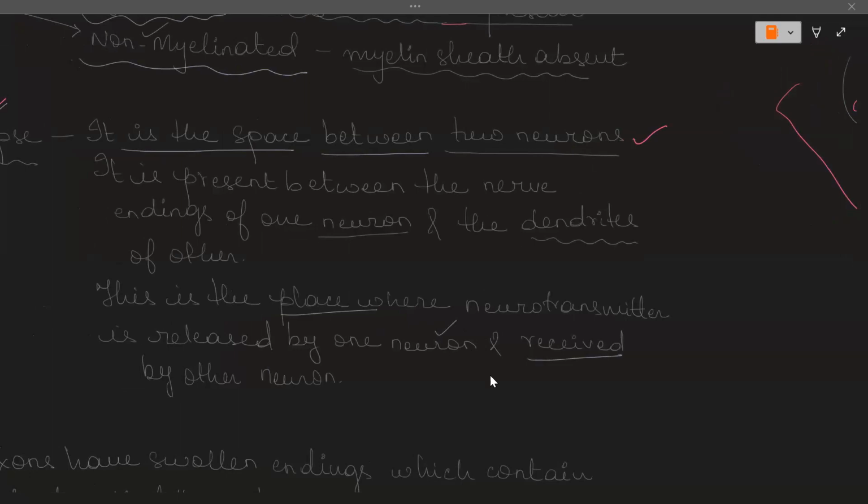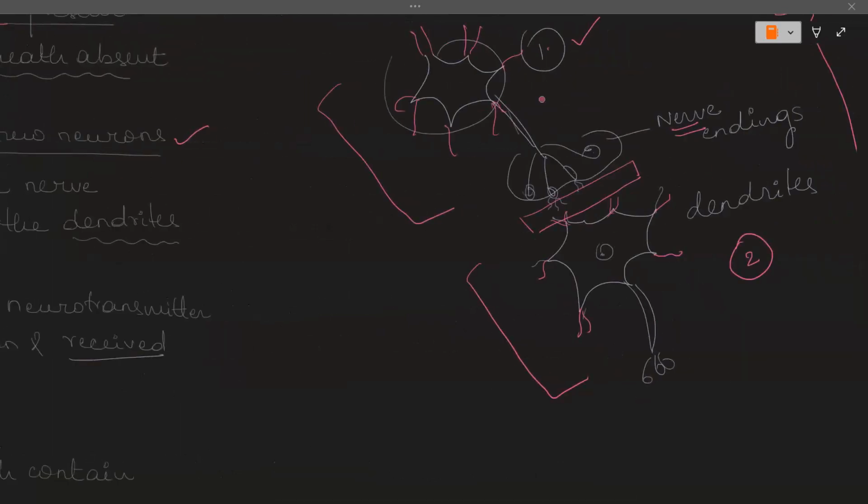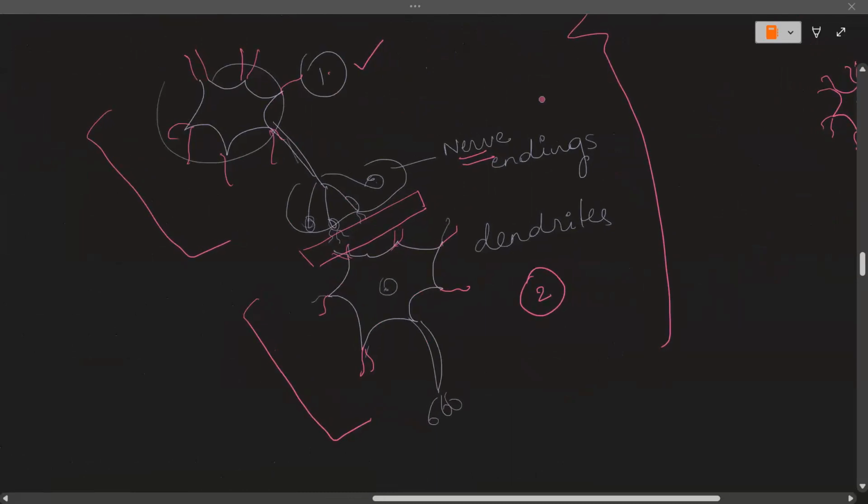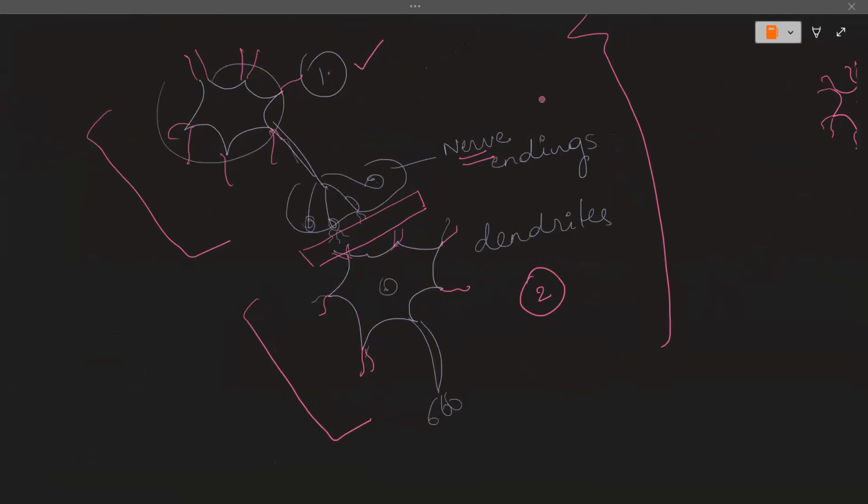Okay. All right. See, students, now tell me these nerve endings, what do they contain, students? The nerve endings contain dash. What do they contain?